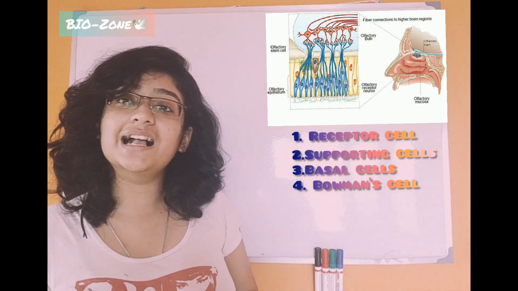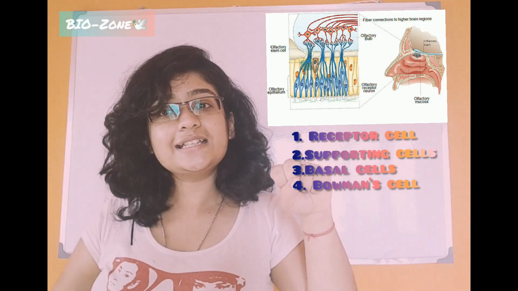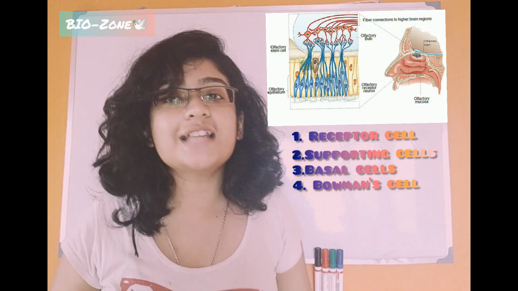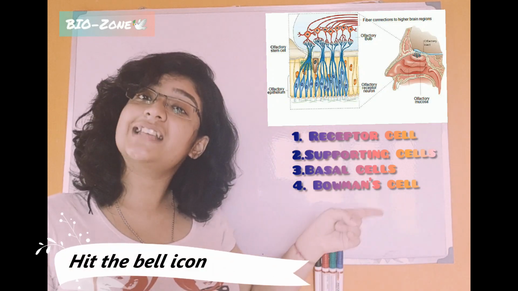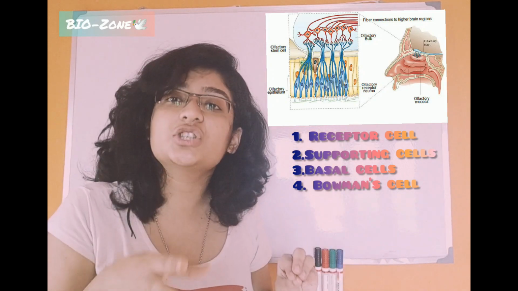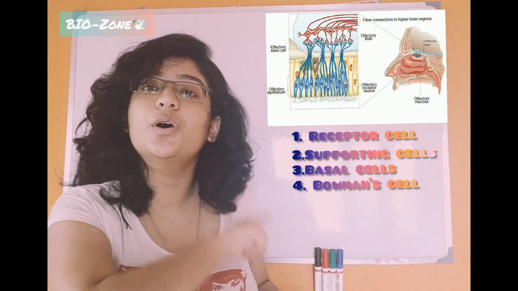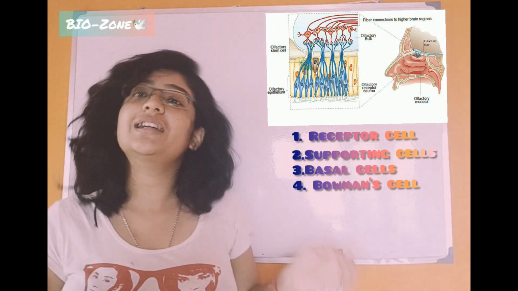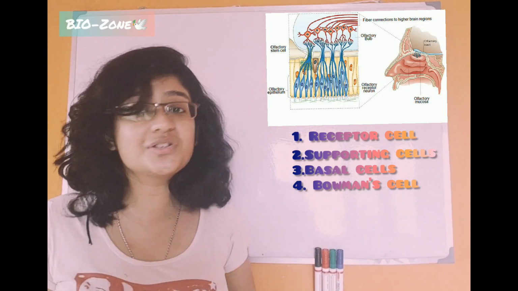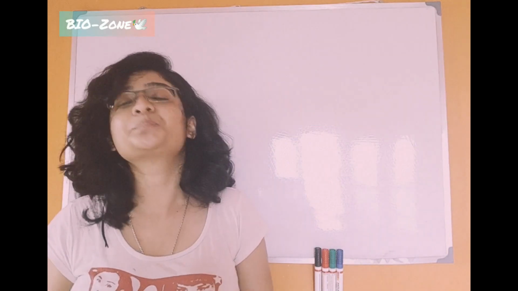We know that a stem cell is a cell that can differentiate into any type of cell. These basal cells do the same in the olfactory system. They can differentiate into any type of receptor cell whenever a receptor cell dies, so that we don't have any lack of receptor cells within our nose after the death of any cell, right?